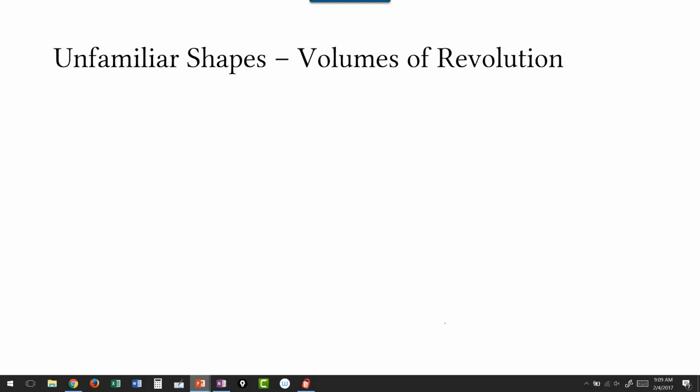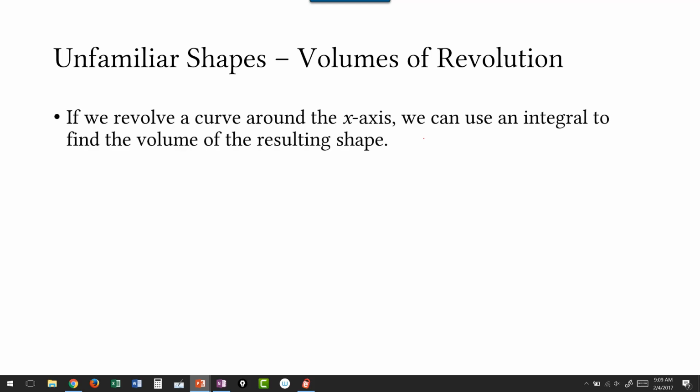We're going to apply our basic method now to an unfamiliar situation, what we're going to call volumes of revolution. A volume of revolution is where we take some function and revolve it around the x-axis. At least initially it'll just be the x-axis.